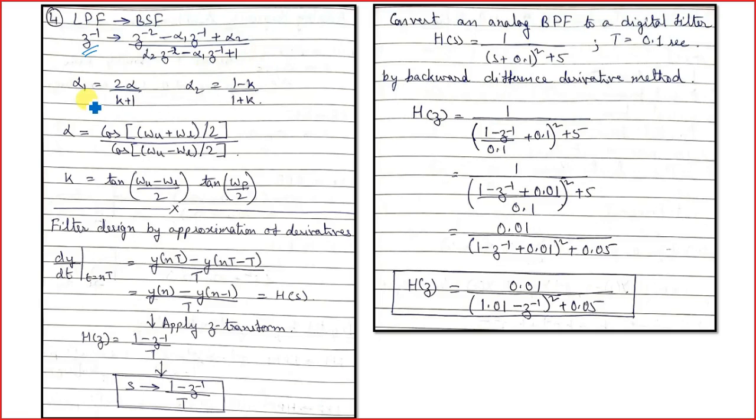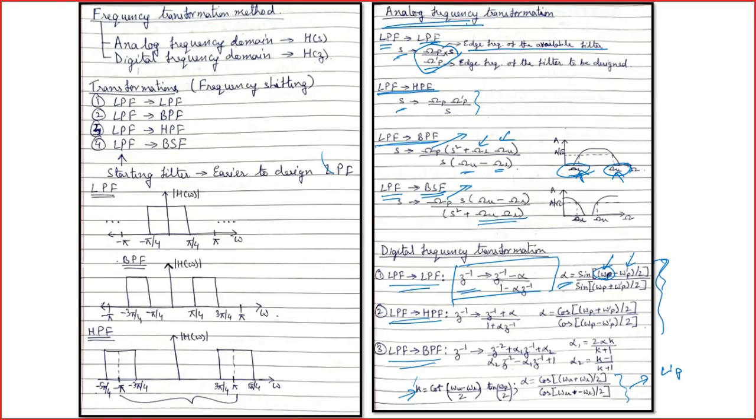Here alpha 1 is given by 2 alpha divided by k plus 1 and alpha 2 is given by 1 minus k divided by 1 plus k, and alpha is given by cos of omega u plus omega L divided by 2 over cos of omega u minus omega L divided by 2, and k is given by tan of omega u minus omega L divided by 2 multiplied by tan of omega p by 2. Okay, so these are some of the transformation equations which are used for designing of filter by frequency transformation method.